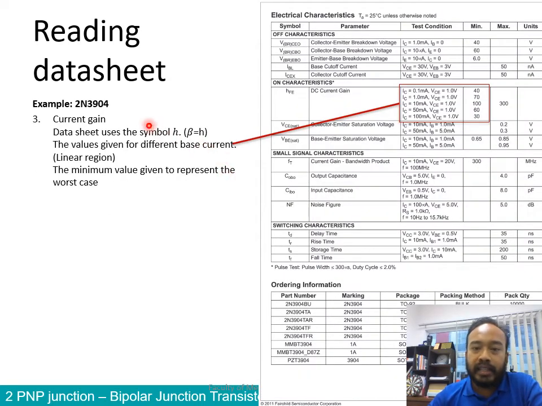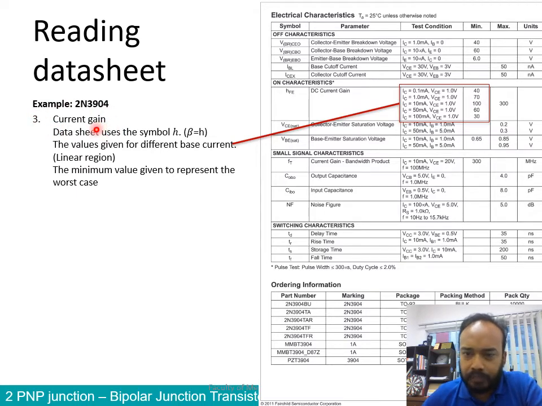The next thing in the datasheet that is important to look at is basically the most important. After you know that you are within the limits of maximum voltage and maximum current, and at the correct operating temperature, now we are interested in the real application of this transistor, which is to produce a certain current gain.